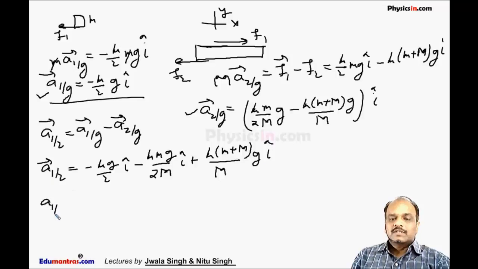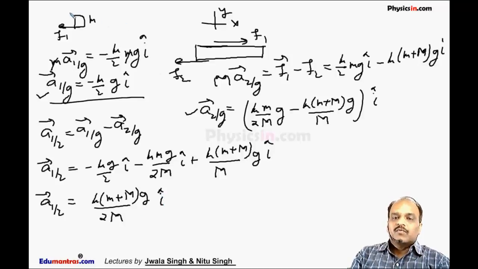If we solve it, the acceleration of 1 with respect to 2 comes out to be μ(m + M)/2M into g î.